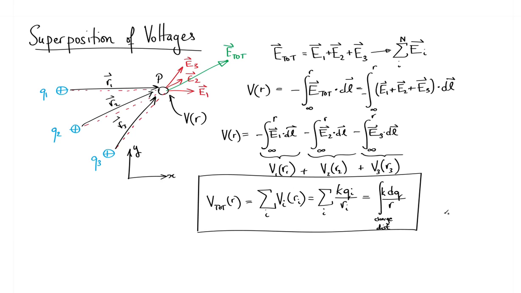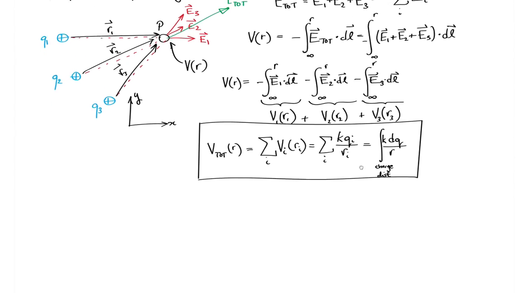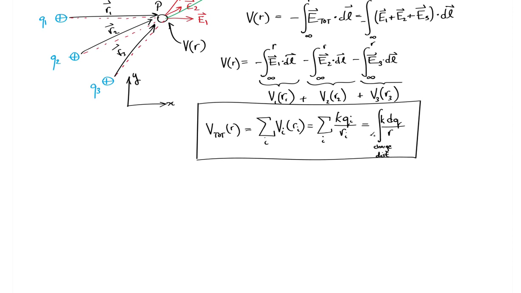It's actually even easier to employ than for electric fields, because the voltage is a scalar. So this R sub I is a distance, this V is a scalar, so you're just adding up magnitudes. You don't even have to worry about breaking up into directional components like you would for electric fields.